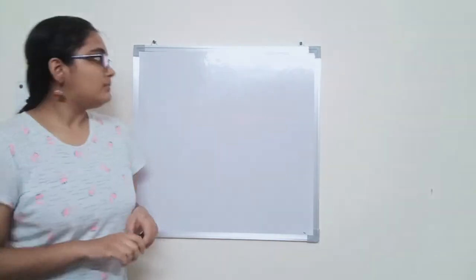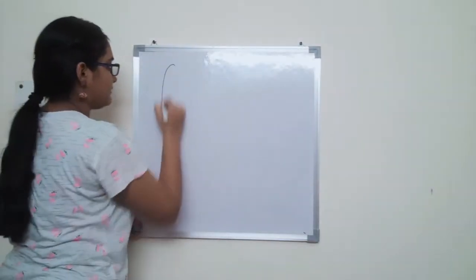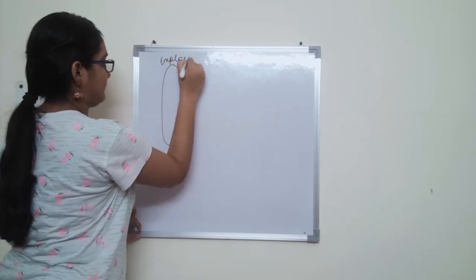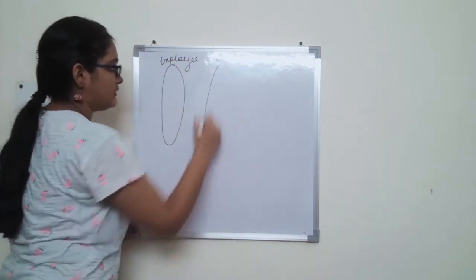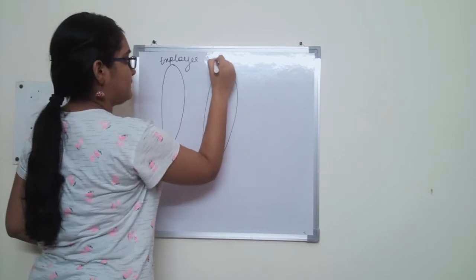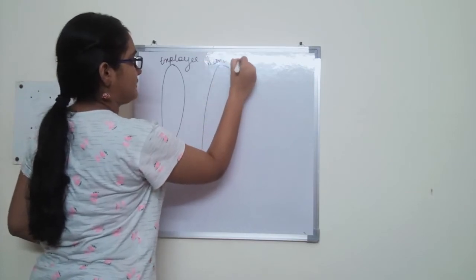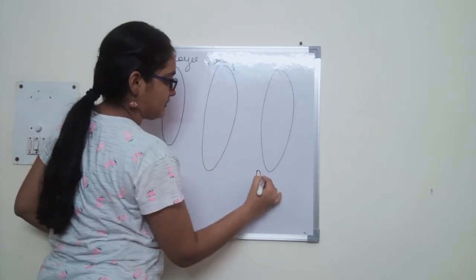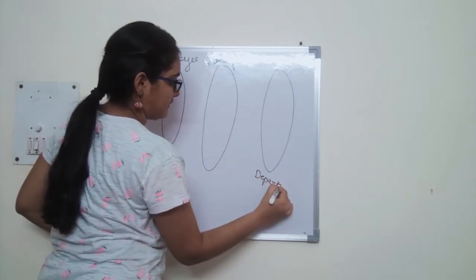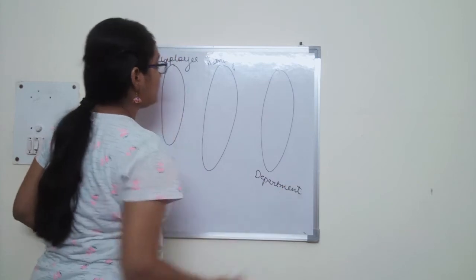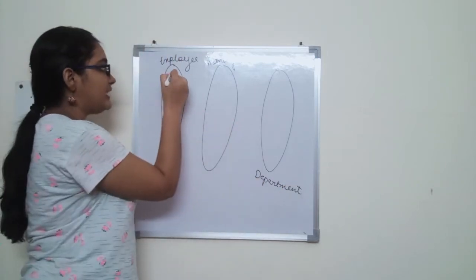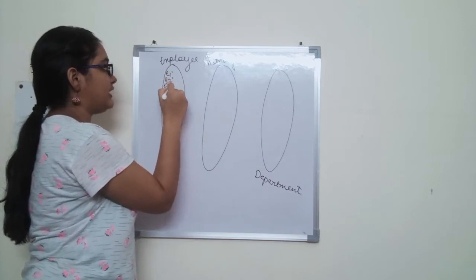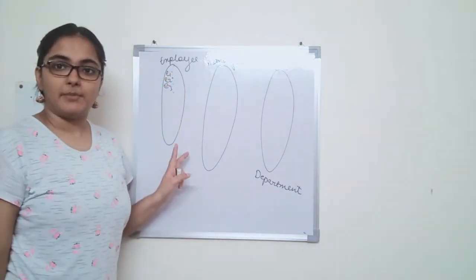Okay, so let me represent it. Employee, what is the relationship? Manages, and what does it manage? Department, right? So not every employee needs to manage a department. There are employees E1, E2, E3 who do not manage any department.